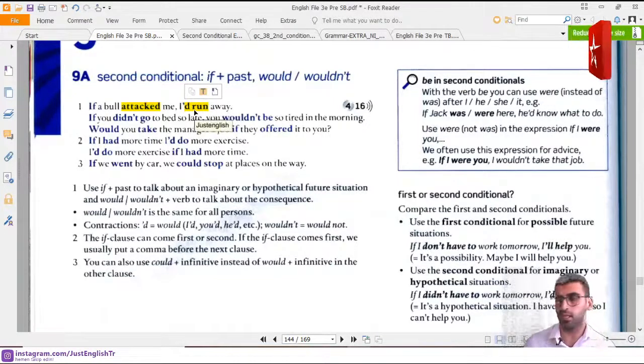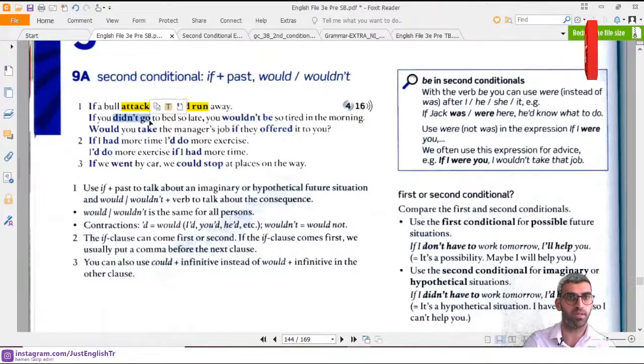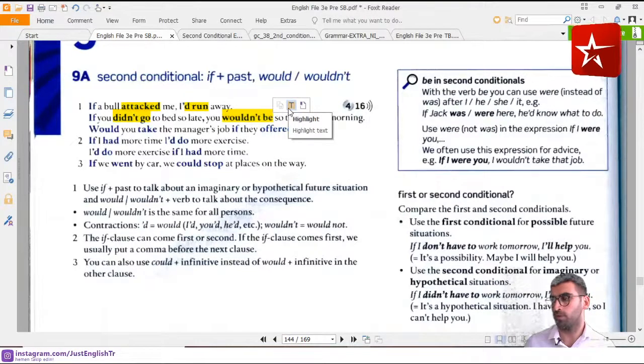We use would plus the main form of the verb in this sentence. And another example: if you didn't go to bed so late, you wouldn't be so tired in the morning. So as you see, we used the negative form of the past simple after the if clause, and the negative form of would is wouldn't plus verb.